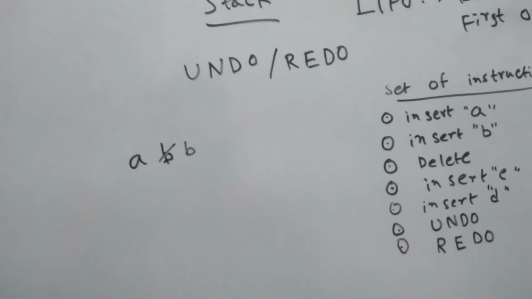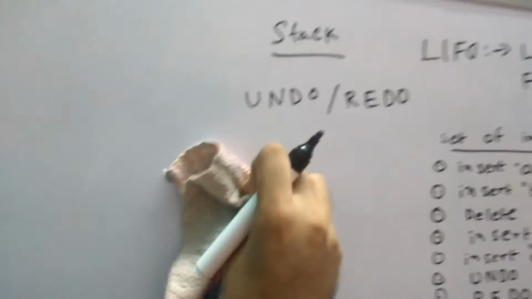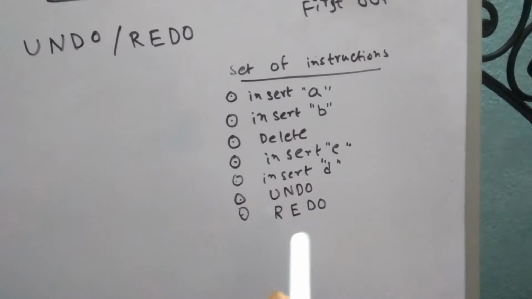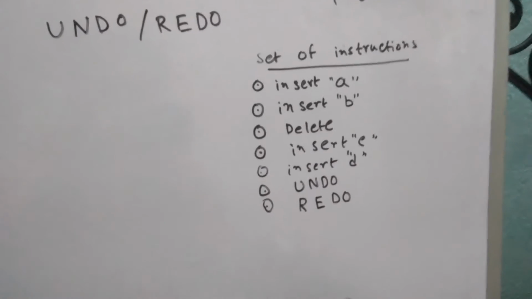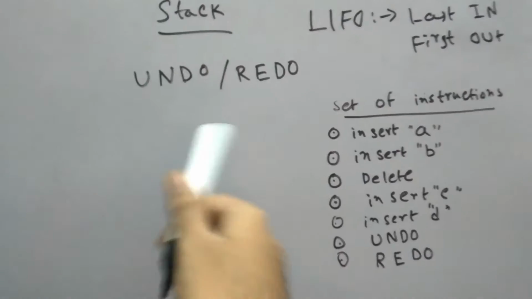So how can we implement it using a stack data structure? We will see in this video. Okay, so I have written down a set of instructions like insert, delete, insert, and so on. Let's go through this set of instructions and see how this undo and redo actually works. First insert a.